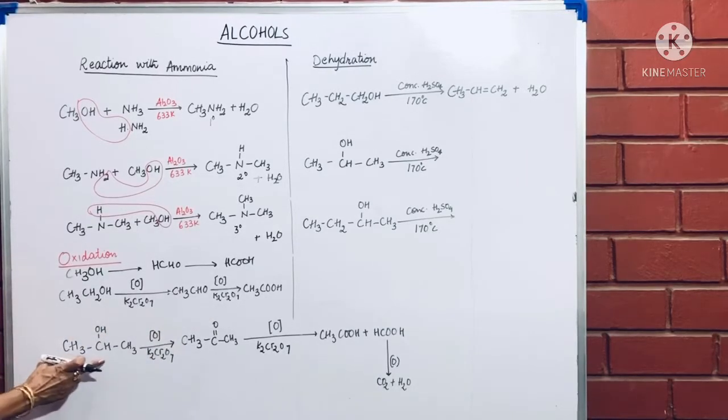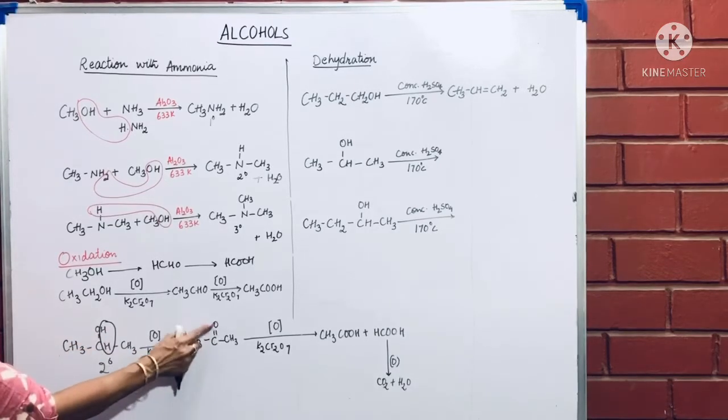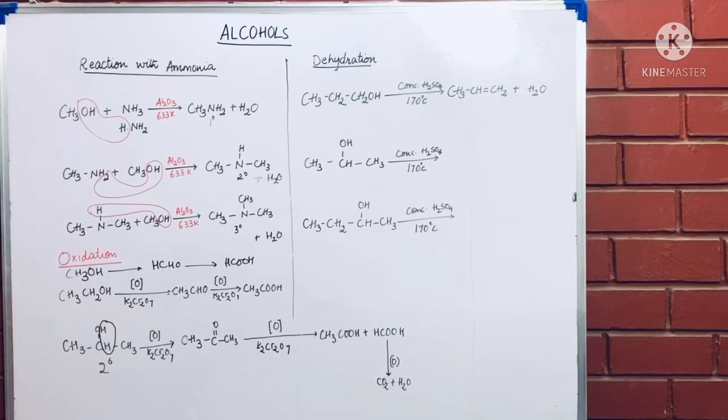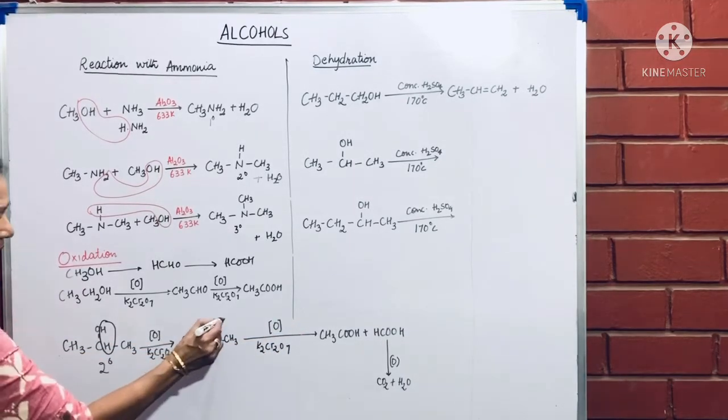But when I use a secondary alcohol, then things change. That is, secondary alcohol changes into a ketone. I am removing H from here. So CO will be left behind. So COCH3. Ketones are formed. And ketones change into acids, but 2 acids are formed.